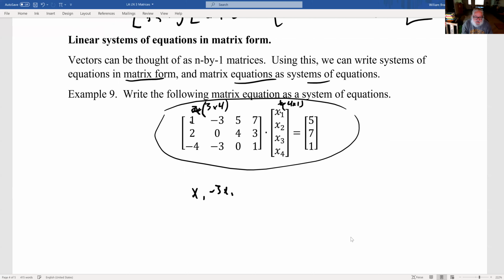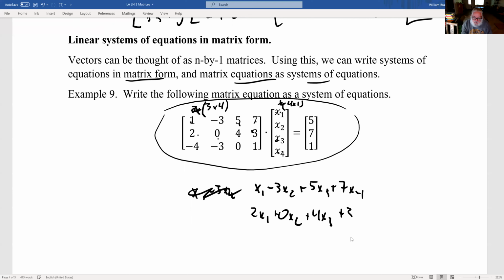1 times x1 minus 3 times x2 plus 5 times x3 plus 7 times x4, and then 2 times x1 plus 0 times x2 plus 4 times x3 plus 3 times x4, and then finally third row against the column, minus 4 times x1 minus 3 times x2 plus 0 times x3 plus 1 times x4 equals 5, 7, 1.